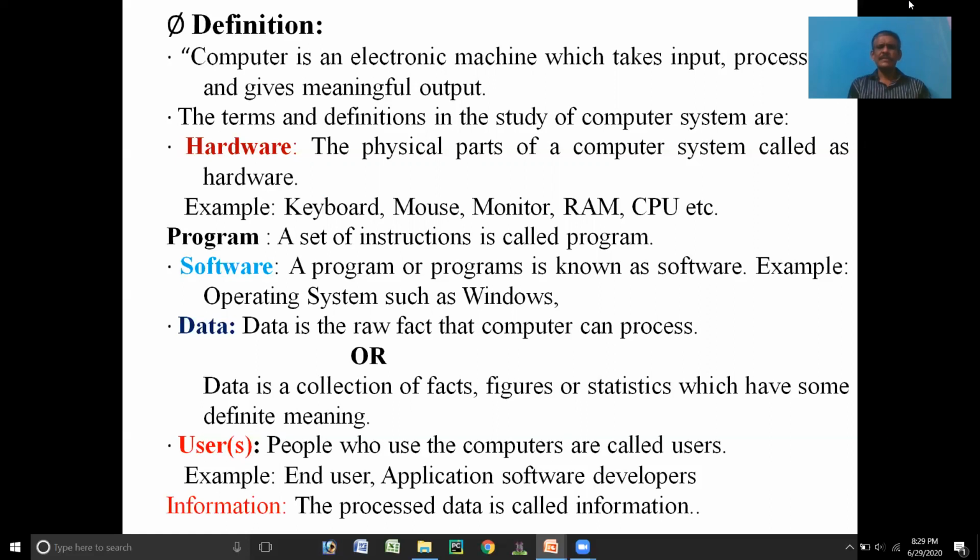Next term is software. A program or programs is called software. For example, an operating system such as Windows.